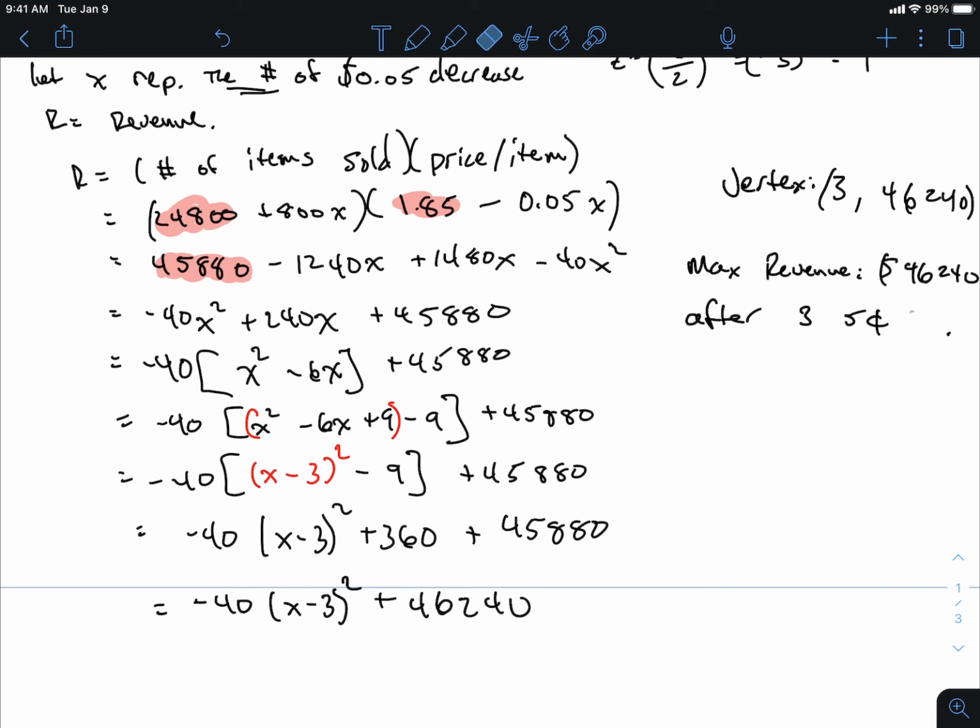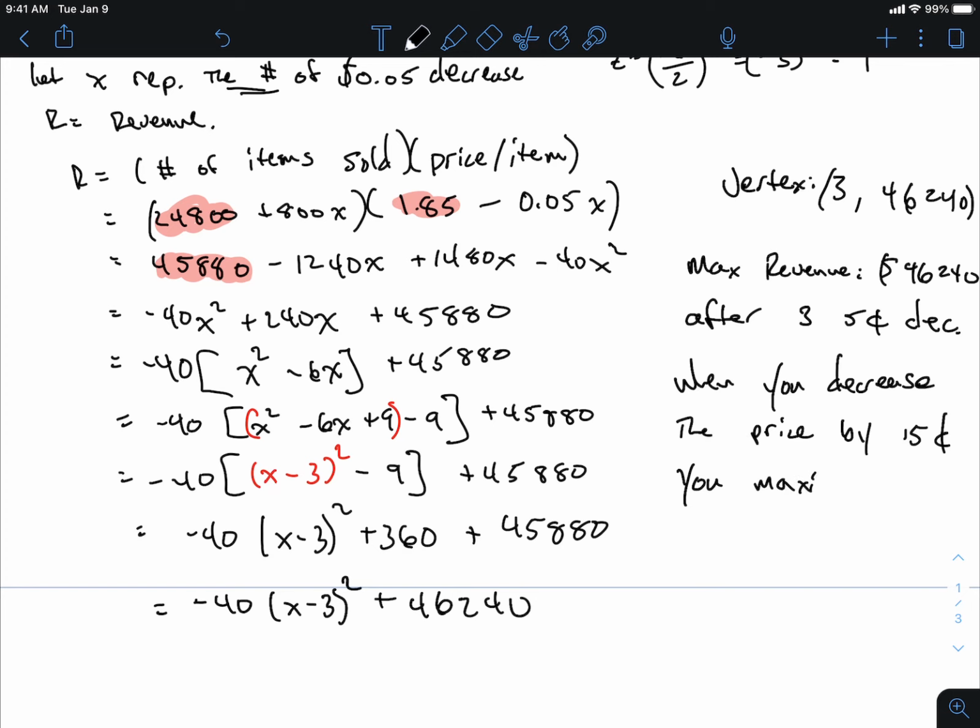That's why you write the let statements. That's me getting carried away here. Okay, so which means when you decrease the price by 15 cents, you maximize revenue.